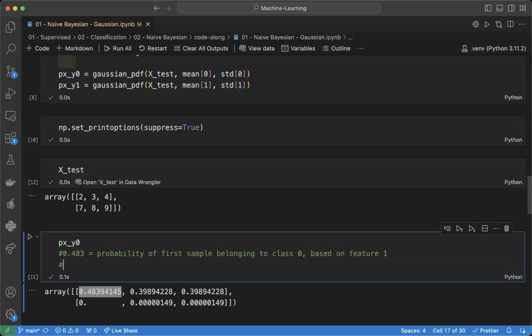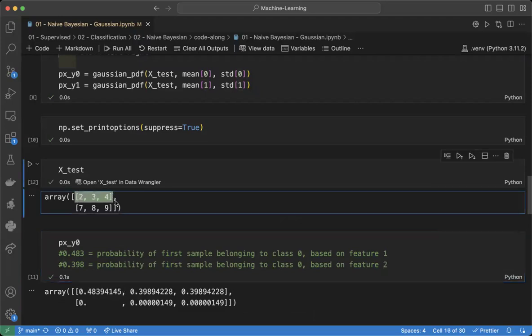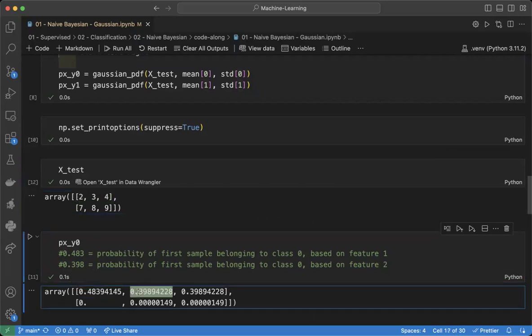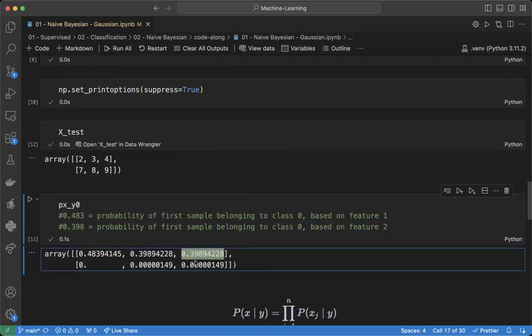And similarly, 398 is equal to the probability of the first sample belonging to class 0 based on feature 2. So you can see that we cannot judge whether this sample belongs to class 0 based on only one feature. There's a probability for each of the features. This is a very important aspect you need to know.